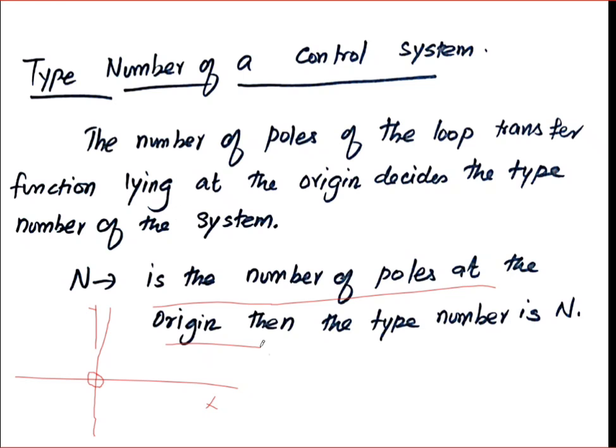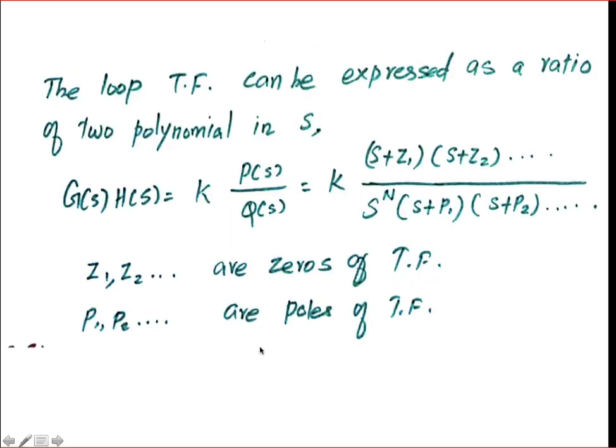Now we are going to discuss what the loop transfer function is and how the type number can be found. Just consider this is the loop transfer function. It is the ratio of two polynomials, P of s and Q of s, and K is the gain. The loop transfer function is G of s into H of s, the multiplication of the open loop transfer function and the feedback.